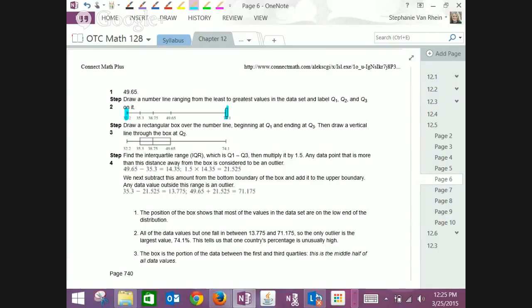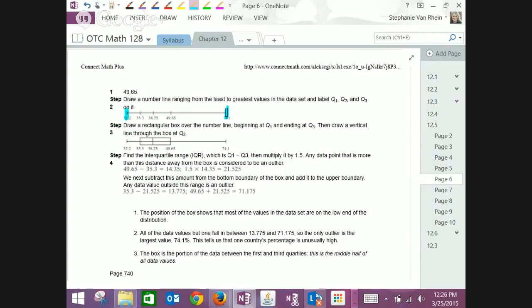So to calculate an outlier, any data point that is more than this distance away. If you look at the interquartile range, the difference of Q3 minus Q1, multiply it by 1.5, any point outside of that is going to be considered an outlier. Any point outside of the box by more than the range times 1.5.